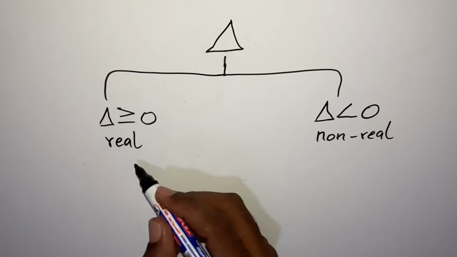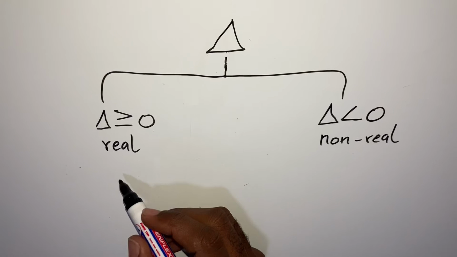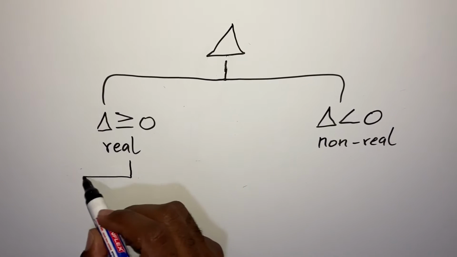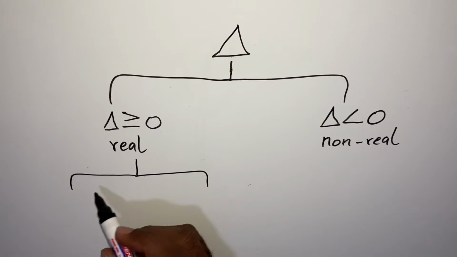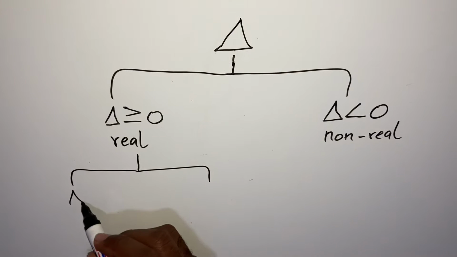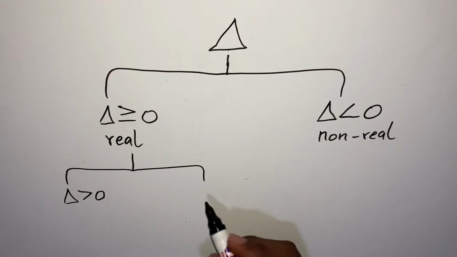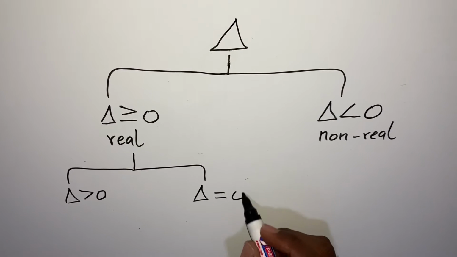Then when it comes to real, it continues further to branch again into your delta. Now we just separate these. My delta is now greater than 0, or my delta is equal to 0.